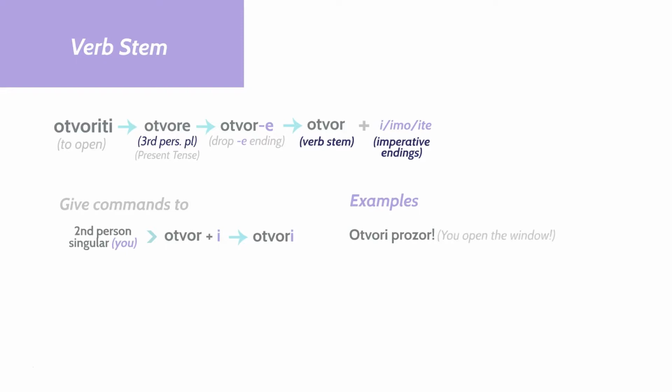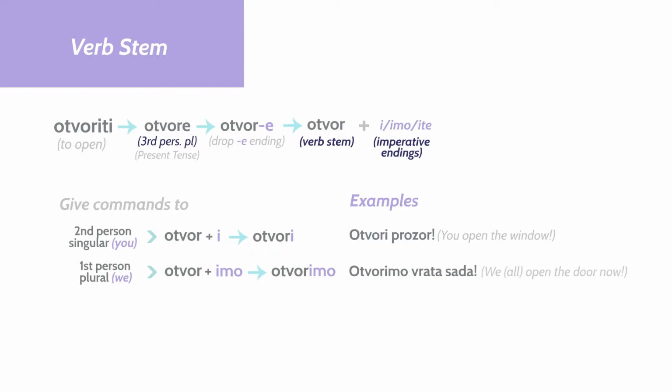To first person plural, which is we, by adding the imperative ending imo, otvorimo. In an example, this can be used as otvorimo vrata sada. Open the door now, meaning we all open the door now.